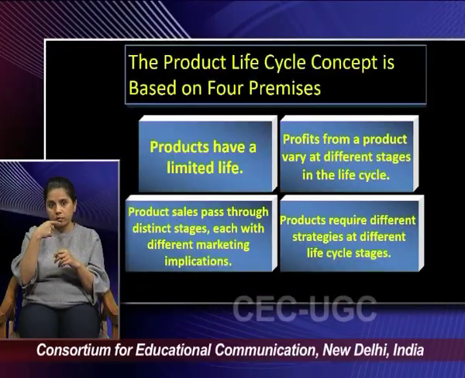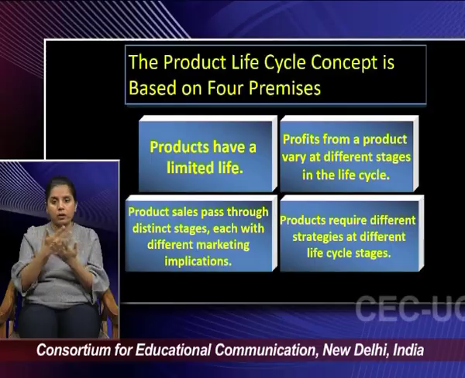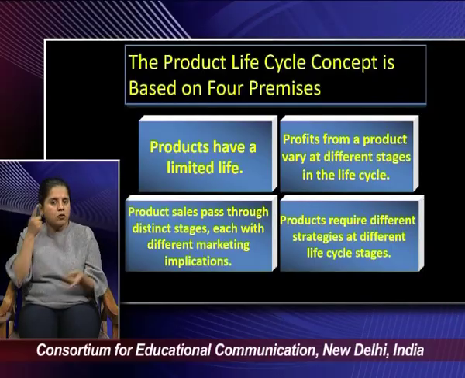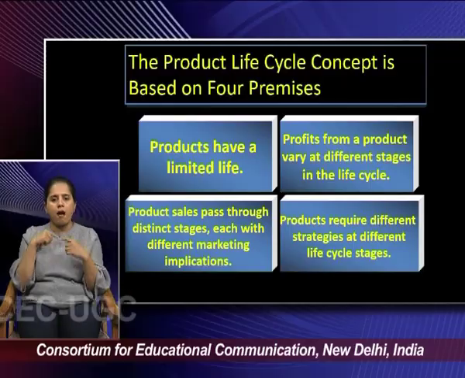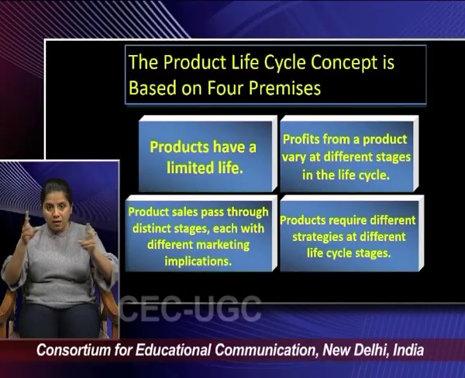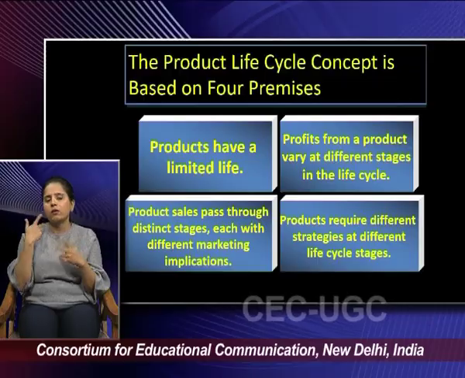And the fourth premise of the concept of PLC is that products require different strategies at different life cycle stages. So, marketing implications are different, that is why we require different marketing strategies. So, these four premises make this entire idea of PLC a robust one, a most significant one in marketing.